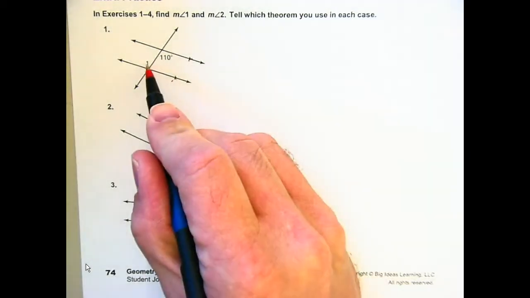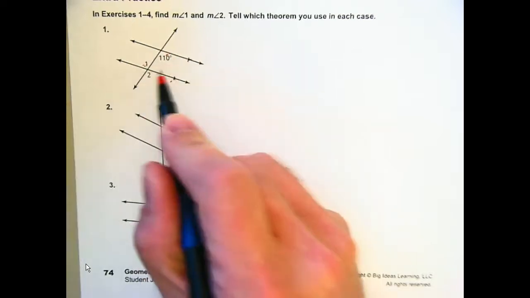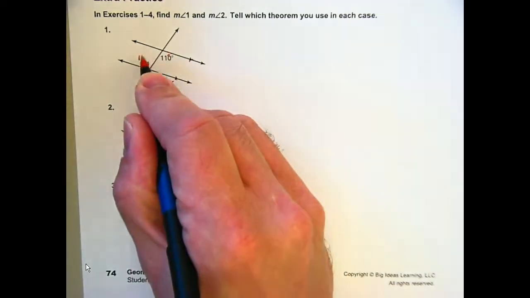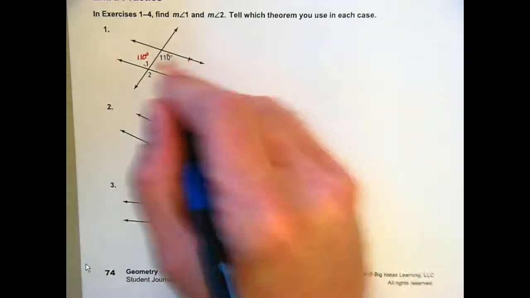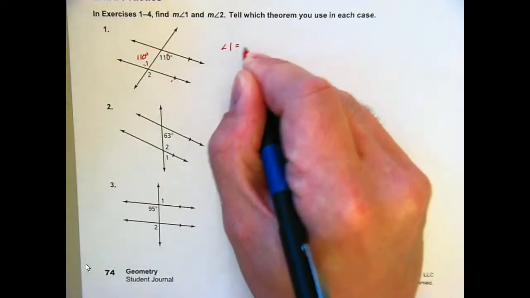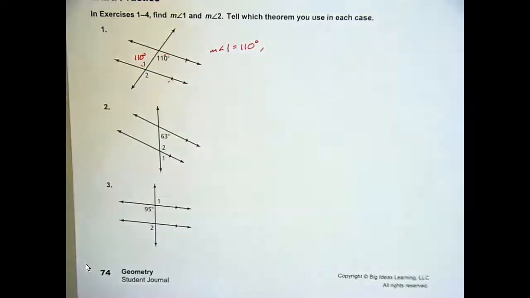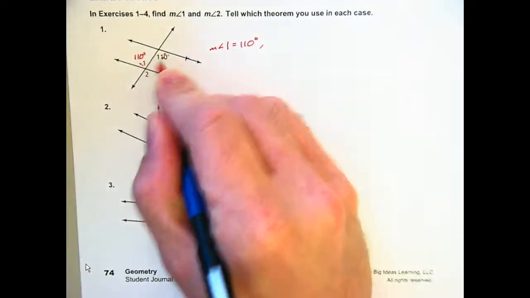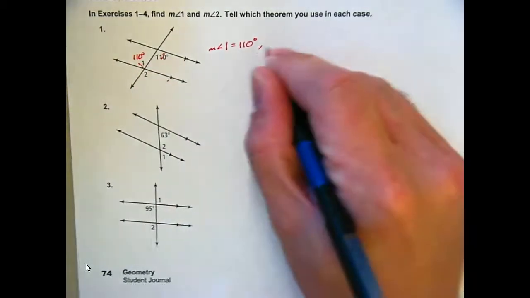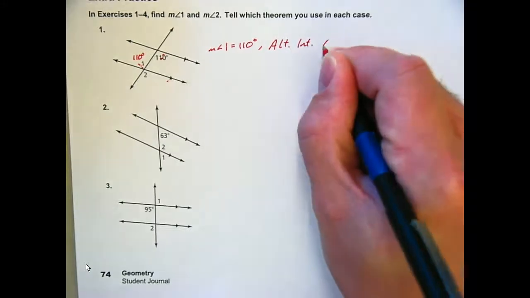So since we know that with parallel lines, alternate interior angles are congruent, then angle 1 is 110 degrees. Okay, we also know that, so we can use angle 1 equals 110 degrees based upon, what would we say? Good, and we can abbreviate alt interior angles.